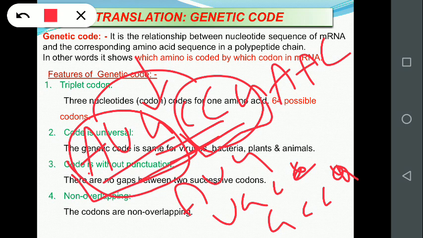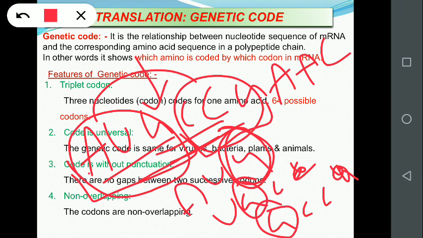So here, if we take that G in an overlapping reading frame, in the first codon the G is the third base, in the second codon the G is the second base, and in the third codon the same G is the first base. So one nucleotide, one base, is being read in three different codons.